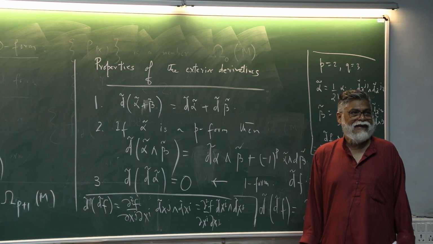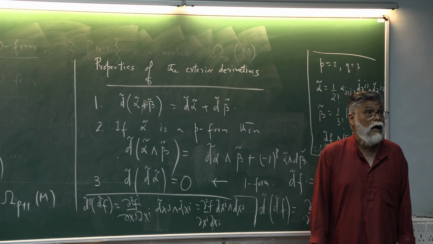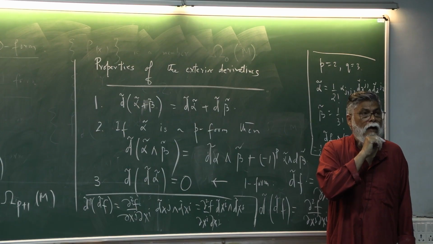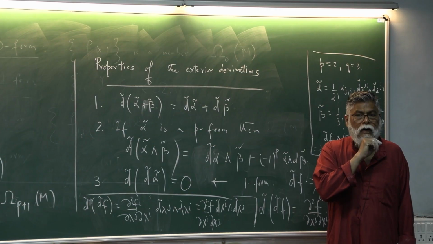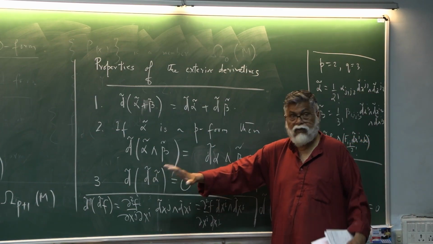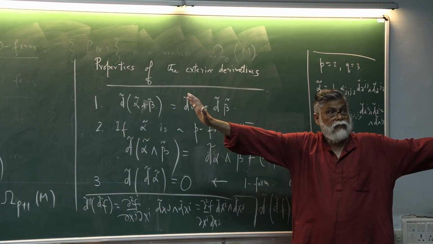Okay? But it is counterintuitive. When we say zero derivative, suppose we apply d on a one form, we should get two forms. But by definition we define this as transforming k forms to k plus 1 forms. You take alpha to be a general form.